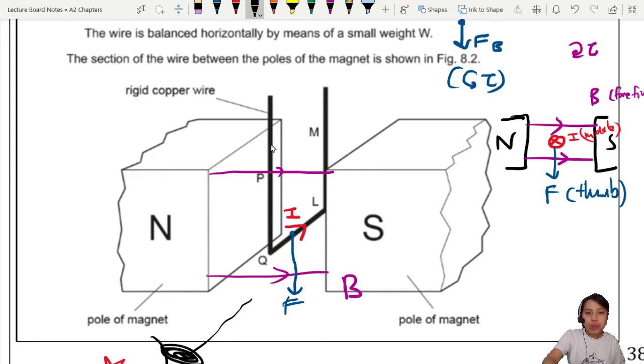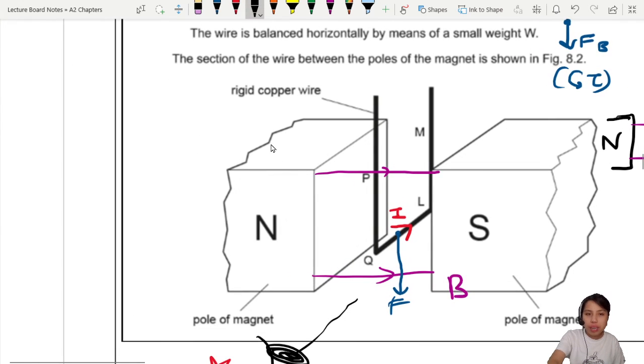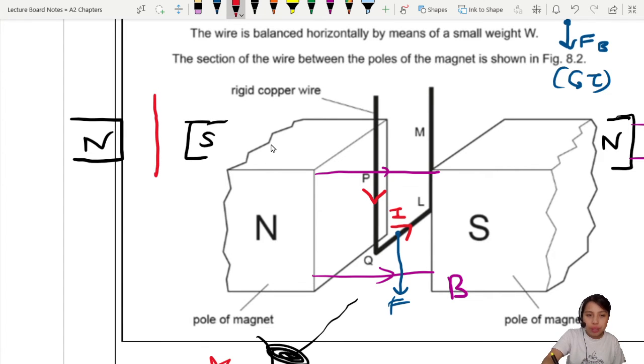What's the direction of the setup there? So if I want to redraw section PQ, I'm going to do it on the left side here now. Draw the side view. N, S. Current here is going to be flowing down. So I can draw something like this. This is current. And the magnetic field is pointing to the right.